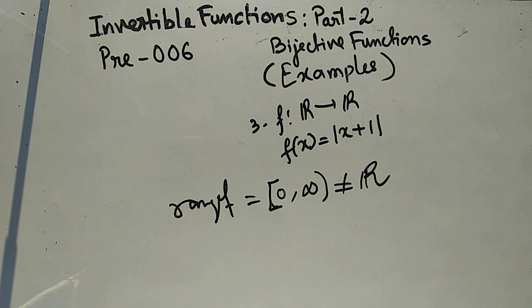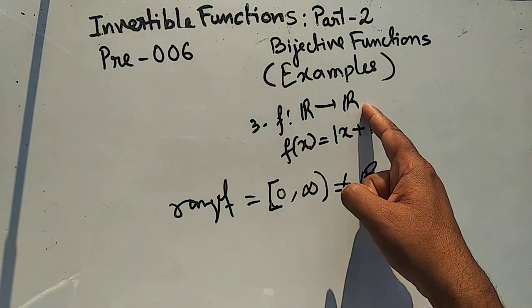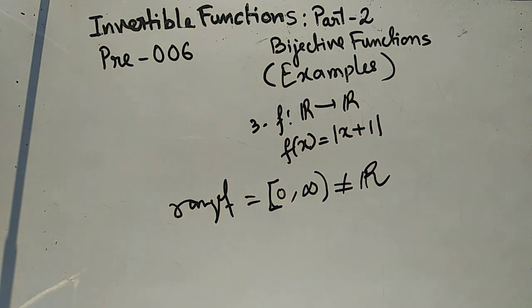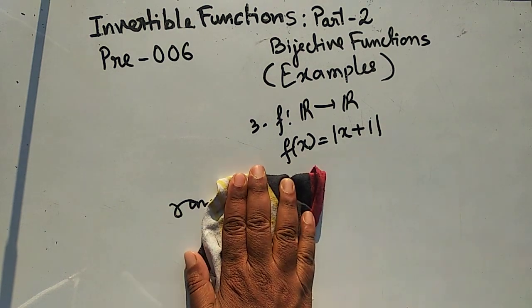Now how to make that function onto? You replace this R by this set. It's pretty clear. Now how to make this function 1-1?